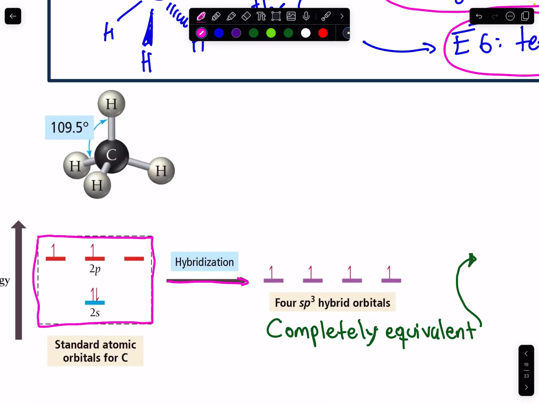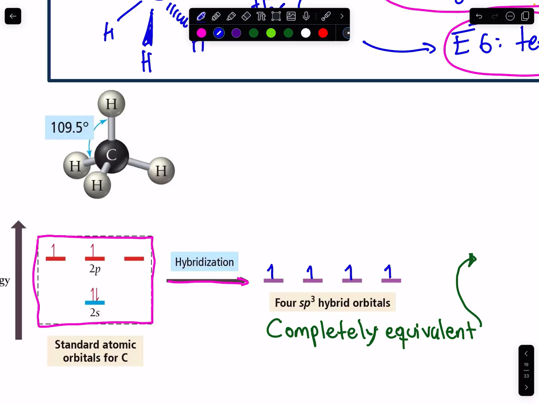Now the electrons also matter. Let's see, we have 1, 2, 3, and 4 electrons here. We had 4 electrons in total in the valence shell for the carbon atom. And with the hybridization scheme, we built 4 equivalent in energy sp3 orbitals. So those 4 electrons are going to go on each one of these sp3 orbitals, right? And it's like getting those electrons ready to make bonds.